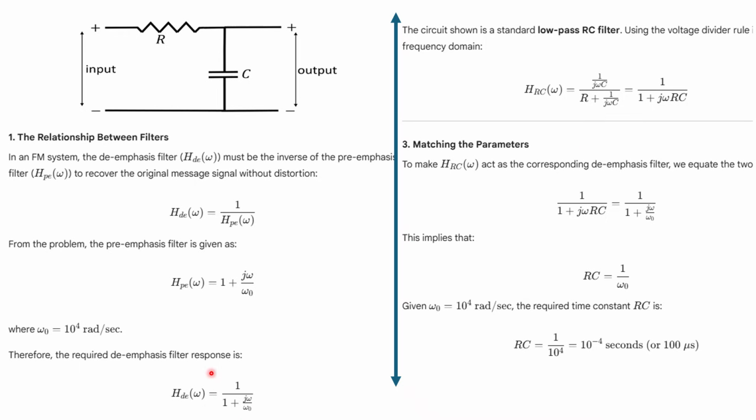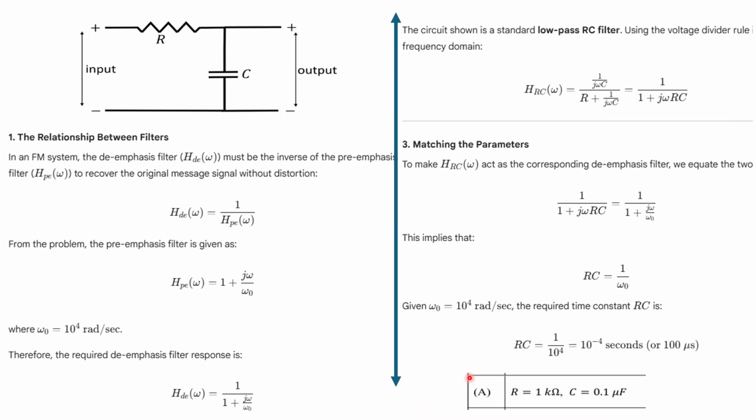And the transfer function already given in the question is this one. So now let's equate this with this. We get RC equal to 1 by omega naught in order to make it equal. Omega naught is given in our question, that is 10 to the power 4. So that means RC must be equal to 10 to the power minus 4, right?